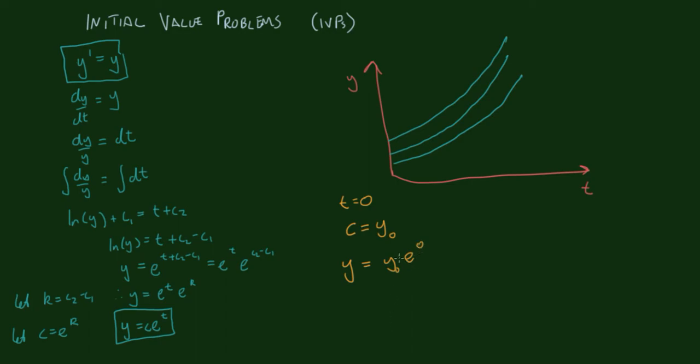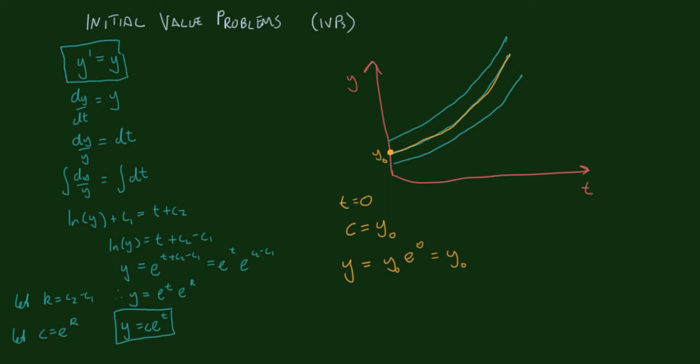If t is 0, that's e to the 0, so that's just y equals y0. Okay, so what that means is we've set an initial value, let's say that's our y0, and what this means is we now have this solution. So out of our family of infinite number of solutions, if we set the initial value to be some known value y0, then instead of having a family of solutions, we have a single solution.